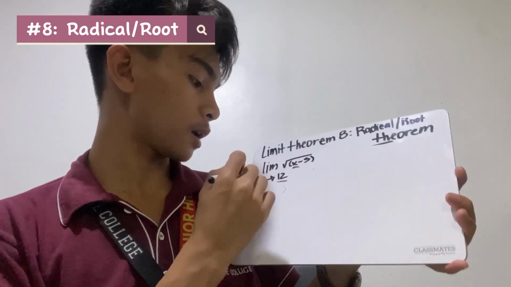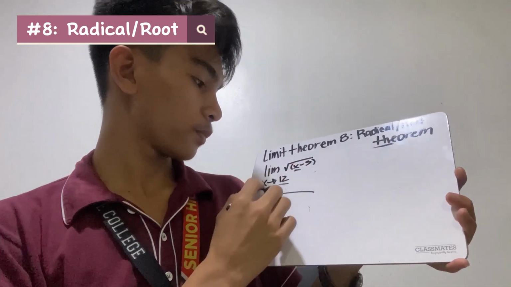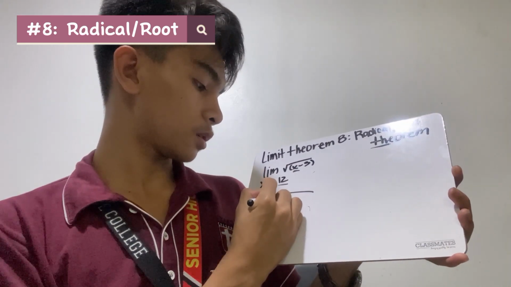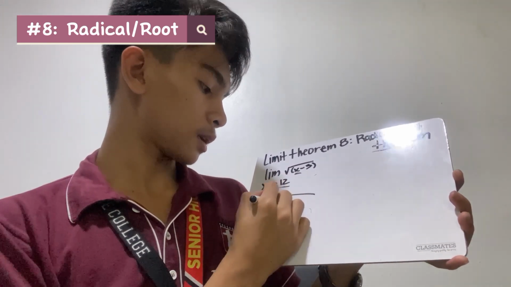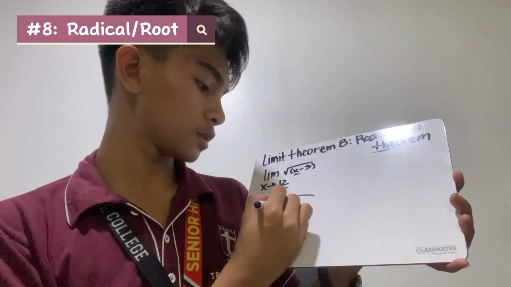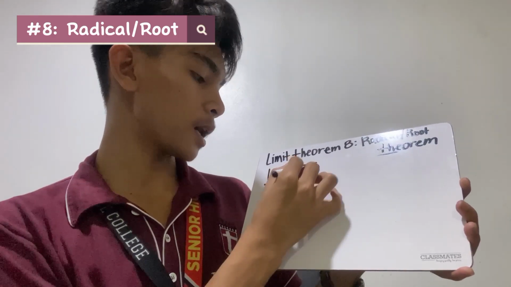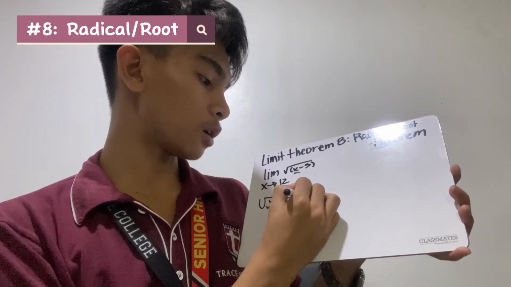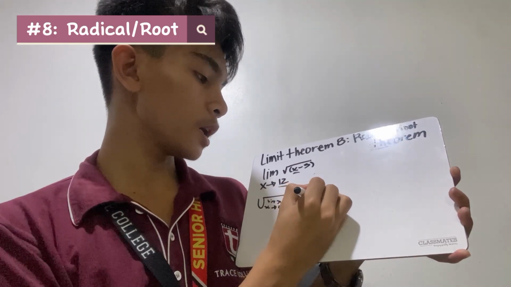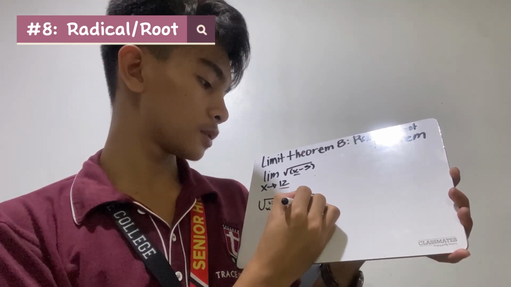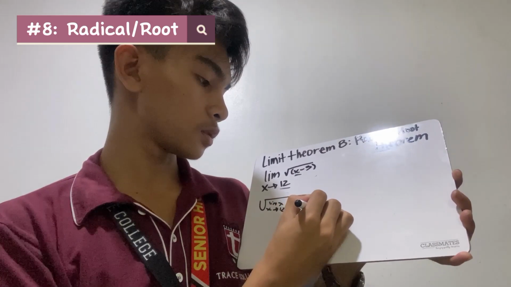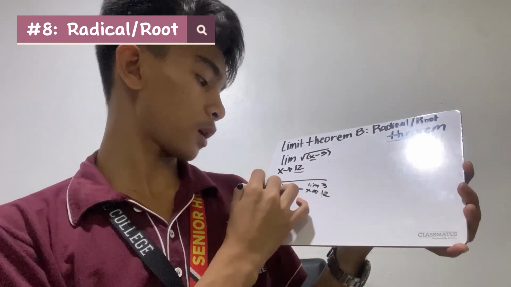Ang mangyari dito ay square root of the limit of x as x approaches 12 tapos minus the limit of 3 as x approaches 12. Then square root ulit.